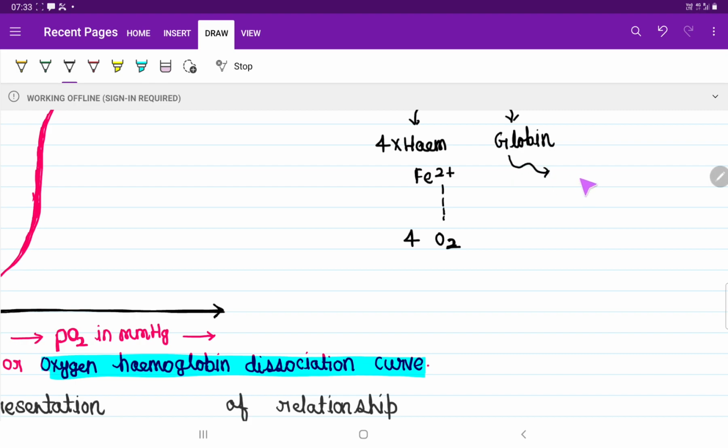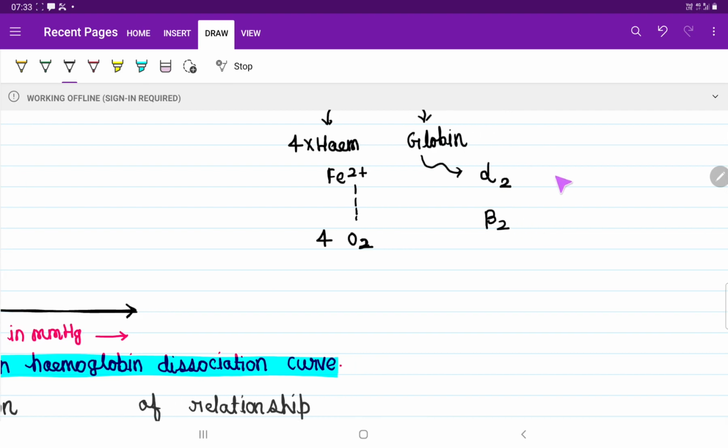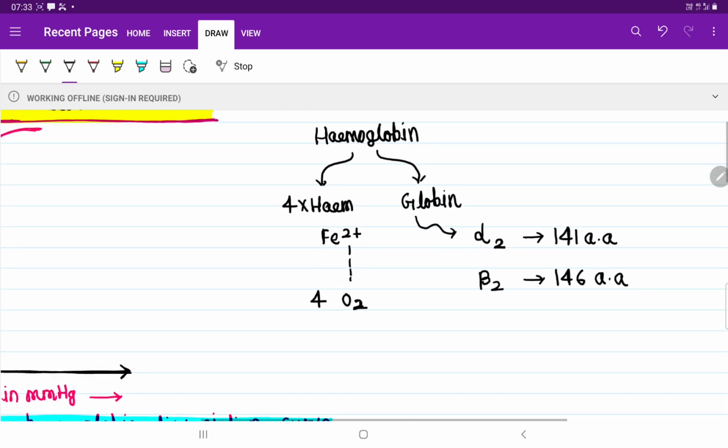In this globin part a total of 4 polypeptide chains are present, 2 alpha and 2 beta. The alpha polypeptide chain has 141 amino acids and the beta polypeptide chain has 146 amino acids. So this is adult hemoglobin.